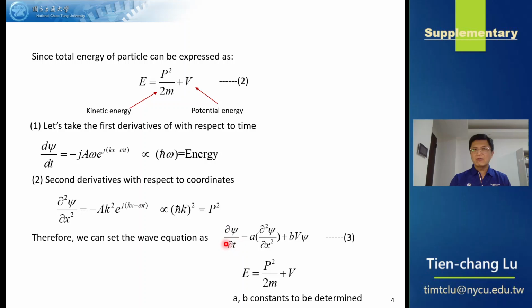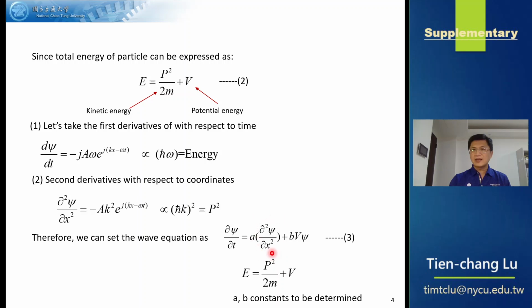d phi over dt is the energy, and this energy equals the kinetic energy plus the potential energy. The energy is proportional to the first derivative of the wave function with respect to time, and it equals the kinetic energy.